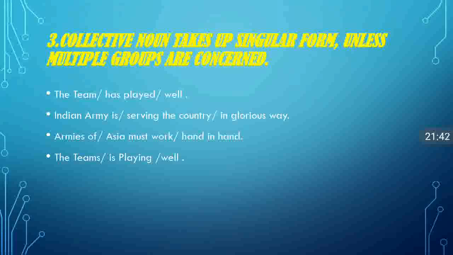So that seems right. Armies of Asia must work hand in hand. That is also right, because we are talking about multiple armies that belong to the Asian continent. Because armies, now army is singular, armies is plural. Army is singular, even if it consists of millions of people, it is considered singular.